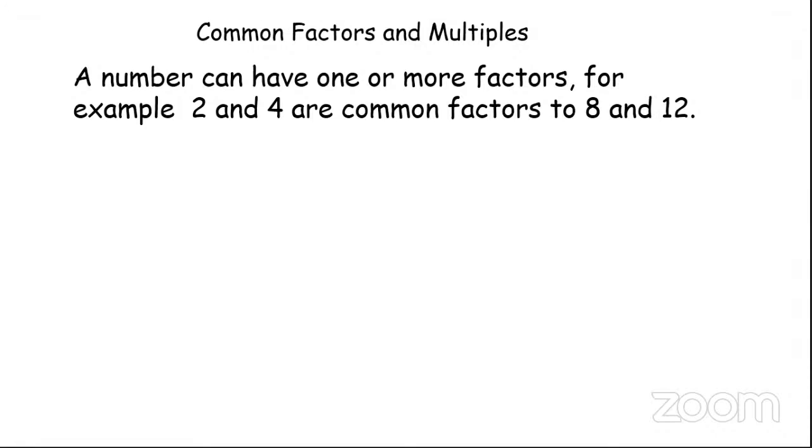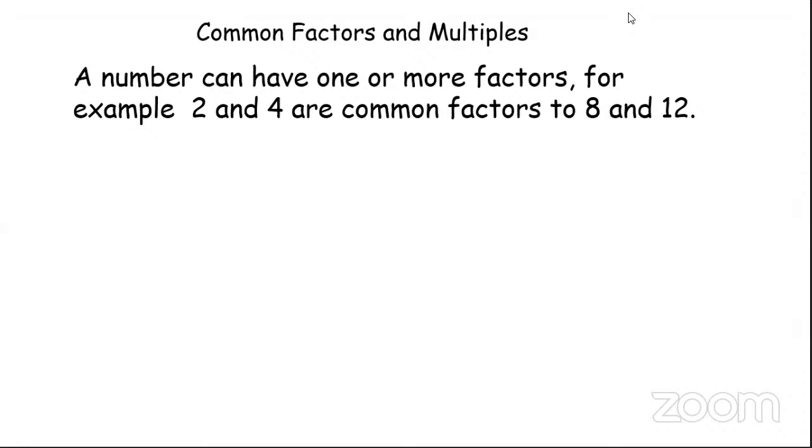Okay, Claire, read for us this first statement that begins a number. A number can have one or more factors. For example, 2 and 4 are common factors to 8 and 12.